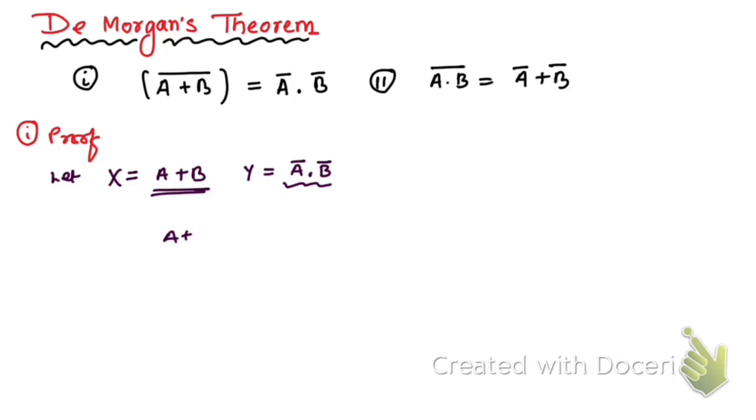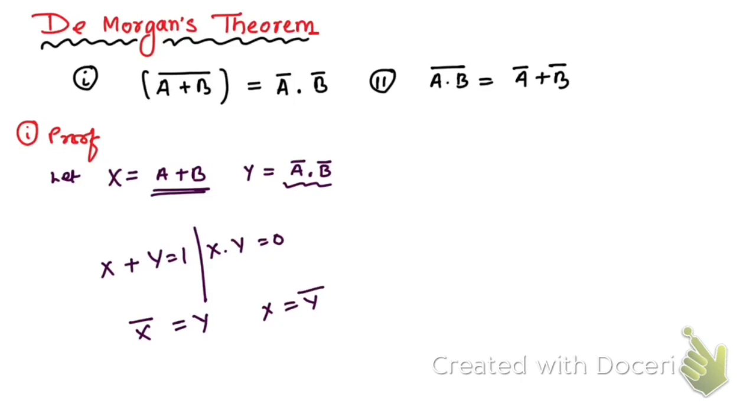First let me tell you, suppose you have two variables x and y. If they satisfy this condition, this is equal to 1 and this is equal to 0, then the complement of x is equal to y, or you can say x is equal to the complement of y.